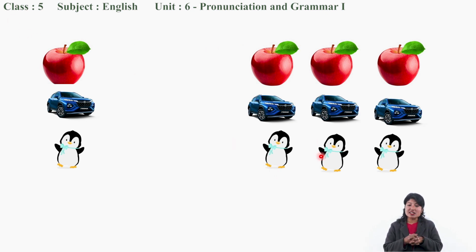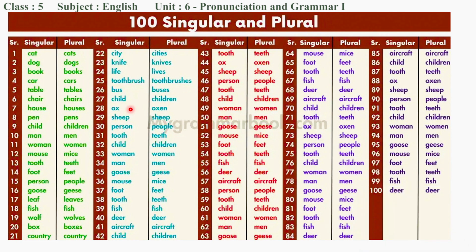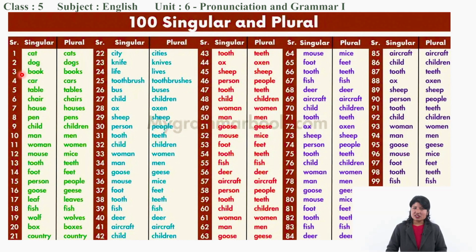And do you know what? I have brought hundreds of examples, hundreds of singular and plural. Look at here. 100 singular and plural. Okay, I'm not going to read out all, and some of them are repeating as well. So let's just go through the first column. Cat, cats. Dog, dogs. Book, books.